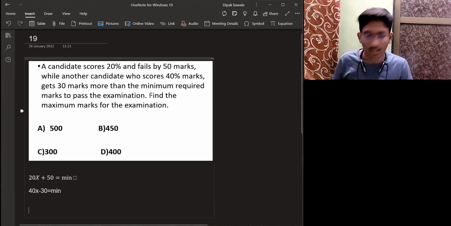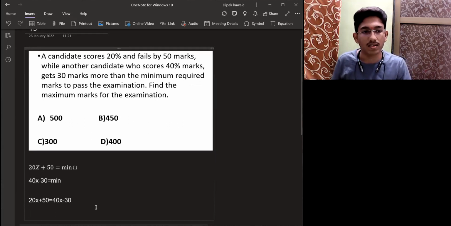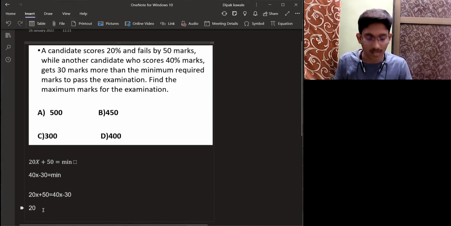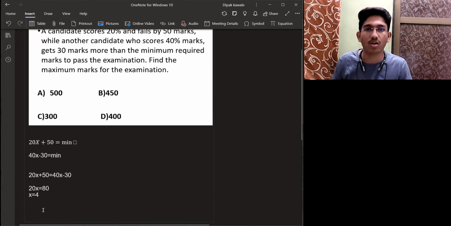Comparing both the equations, 20x plus 50 equals 40x minus 30. This 20x goes to this side and becomes minus. So 40x minus 20x is nothing but 20x, and this minus 30 goes to the left-hand side, becomes 80 by adding with 50. So my final will be 20x equal to 80. So it is nothing but my 1% is equal to 4 and my 100% is equal to 400.